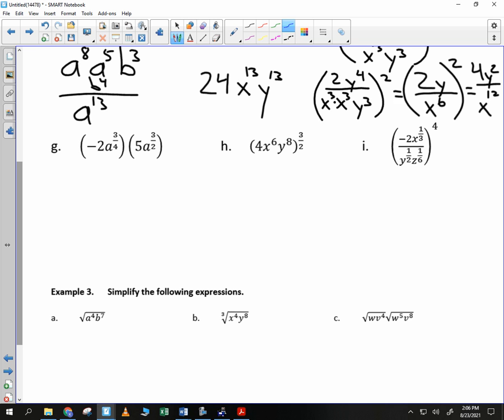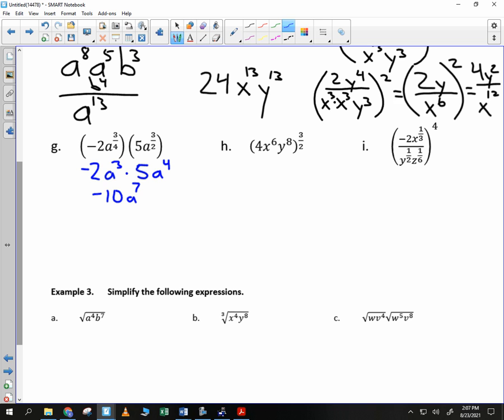Letter G. Would everybody agree that letter G looks complicated? Because when you see fractions, your brain just goes to dirt, right? Yep. So if you don't know how to do the problem, do an easier problem. Watch. What if it was negative 2a to the 3rd times 5a to the 4th? Would you know what to do there? You would take negative 2 times 5 is negative 10, and what would you do to the exponents?